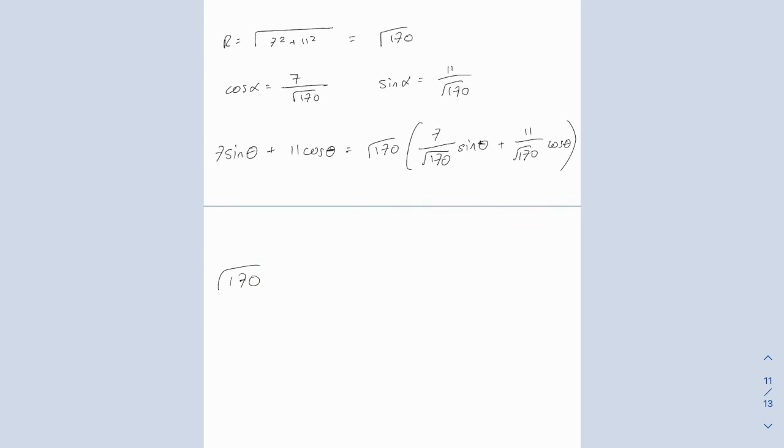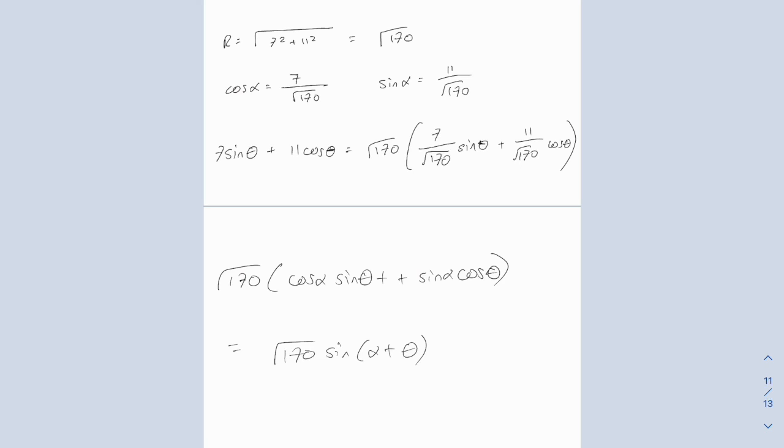So we can officially say that the square root of 170, cos alpha sine theta plus sine alpha cos theta, is going to equal square root 170 sine alpha plus theta.